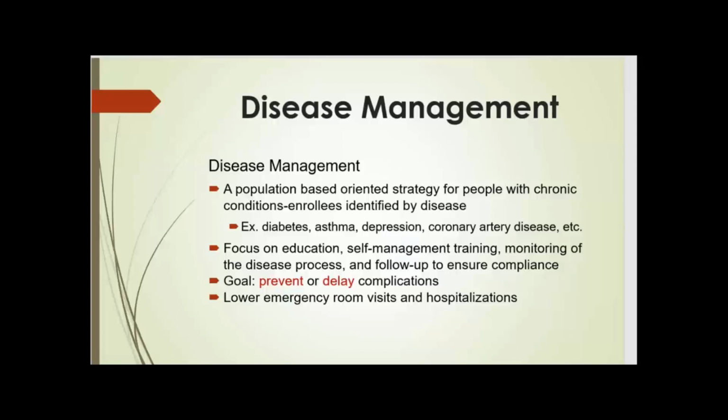Now, the goal here with disease management is to prevent or delay complications and lower emergency room visits and hospitalizations. That is the goal. Now, the next topic I'm going to be covering is utilization review.